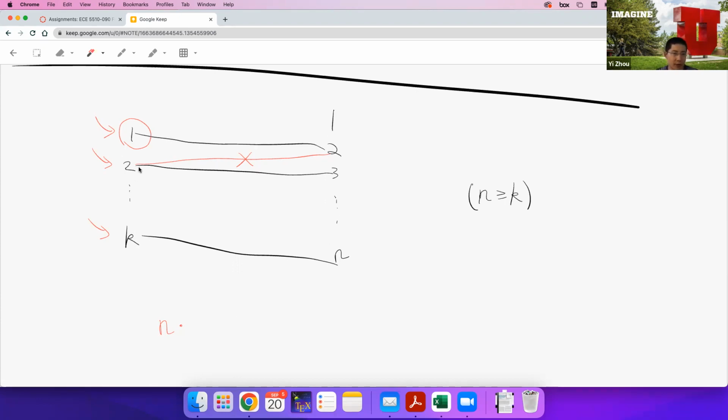Once I go to the second one, because the first point is already linked to a certain point in the range, I only have n-1 choices left. Once I go to the third point, the previous two have been linked to 2 different outcomes, so I only have n-2 choices left. And I keep going, up to n-k+1 for the last one.